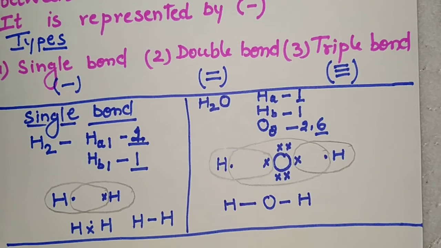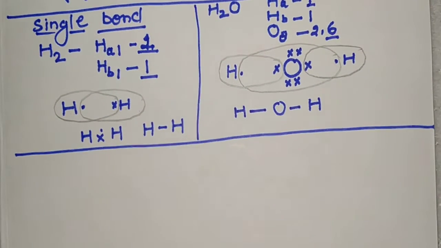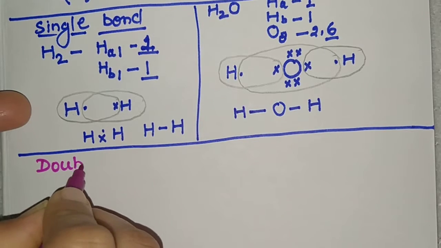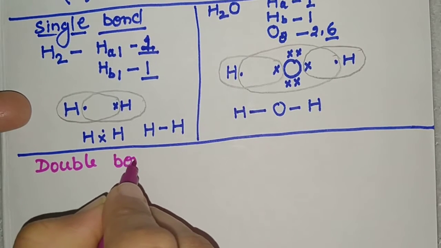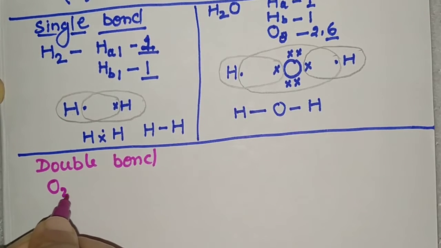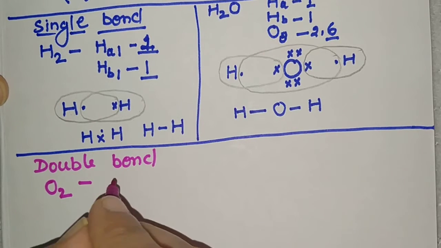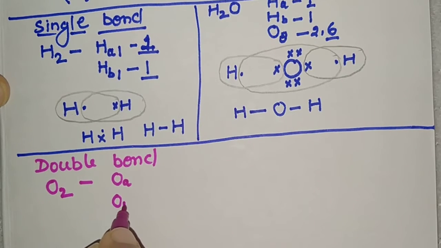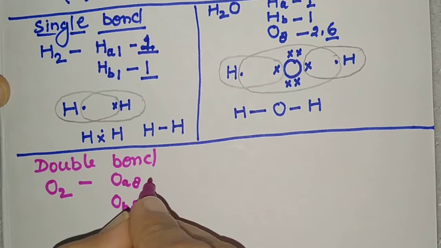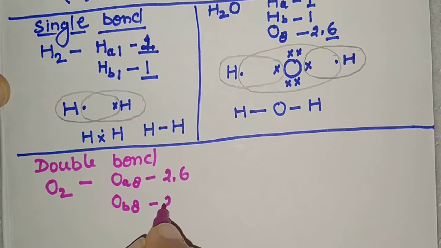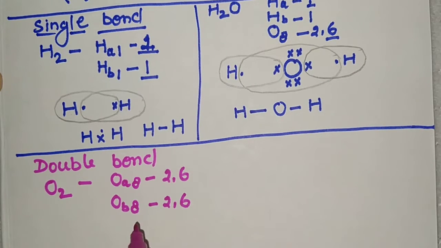Okay, so now let's go for double bond. Double bond, we are taking here example oxygen molecule. Same thing, oxygen A, oxygen B, atomic number is 8, atomic number is 8, configuration will be 2, 6, again 2, 6.